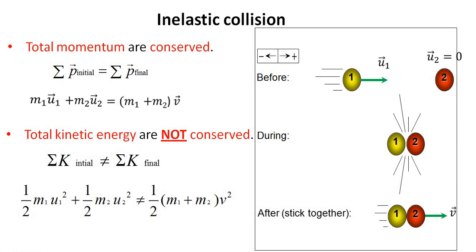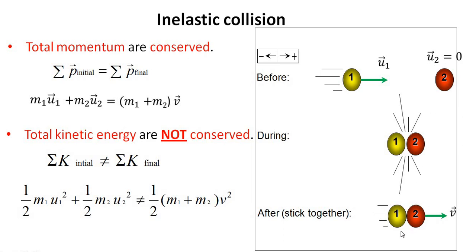Then we proceed to the inelastic collision. For an inelastic collision, total momentum is conserved, but total kinetic energy is not conserved. Refer to this diagram. We have ball 1 with mass m1 moving with initial velocity u1 to the right. Then we have ball 2 with mass m2 in a stationary state with initial velocity u2 equals 0.